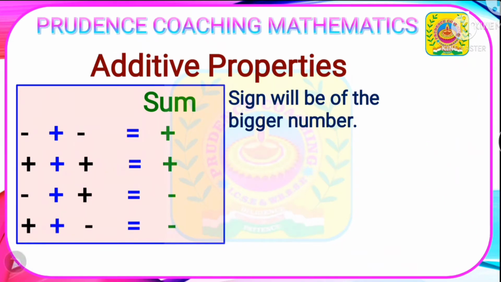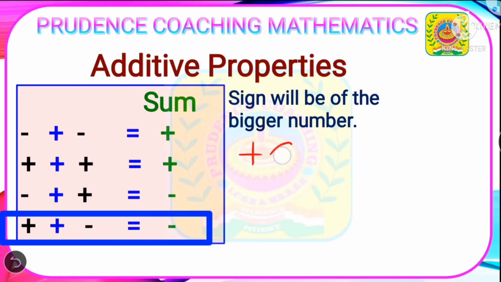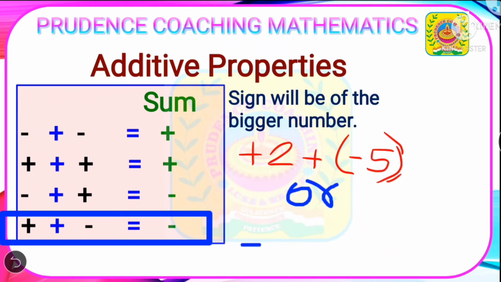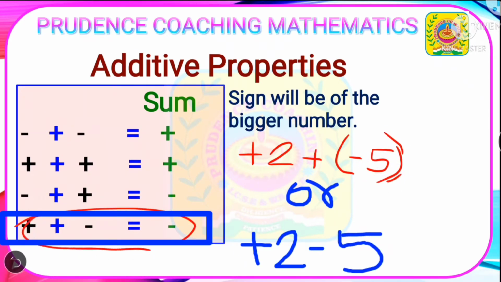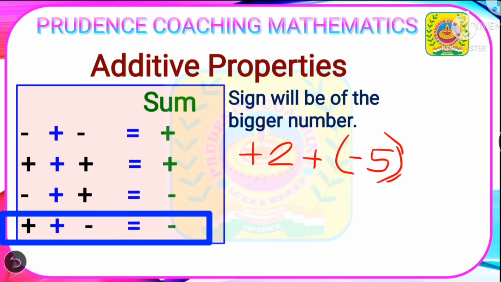Is it clear? Next property, we have plus 2 plus and we have a minus 5. So here if we want to follow, we are going to follow this property. So what will be the case here? Here the sum will be negative. So if we get a negative, then we will get 5 minus 2, that is 3. And always the sign will be of the bigger number. Here bigger number is 5, so it is minus 3.